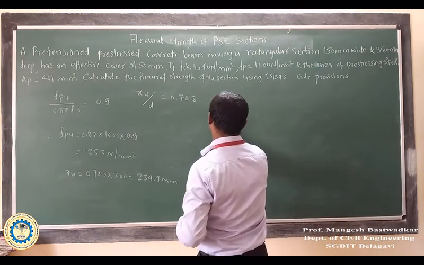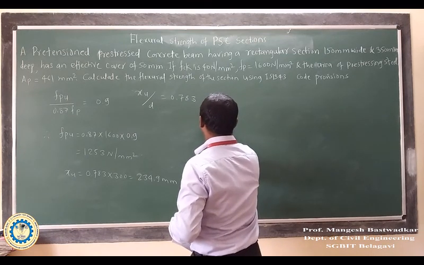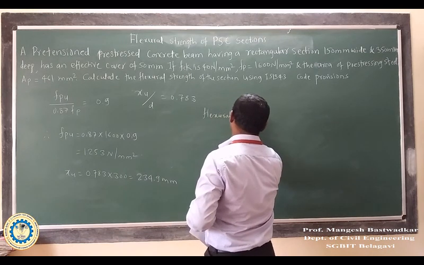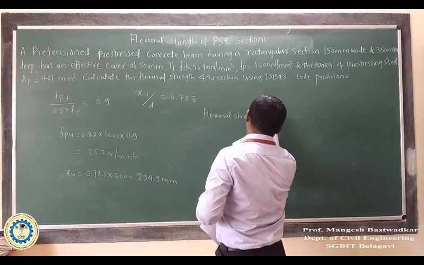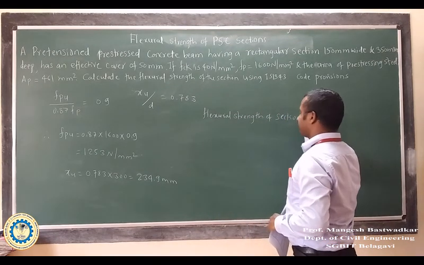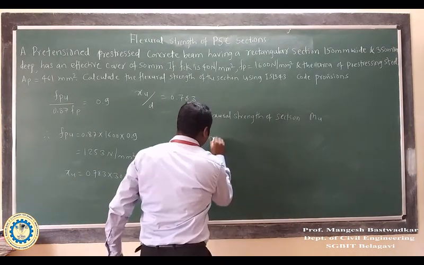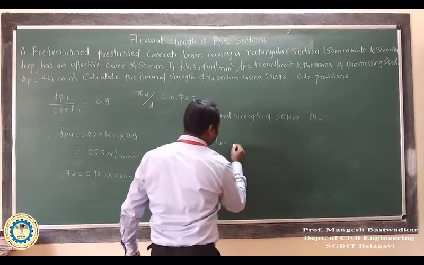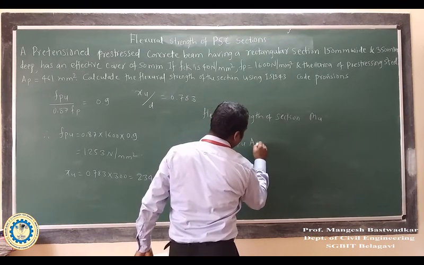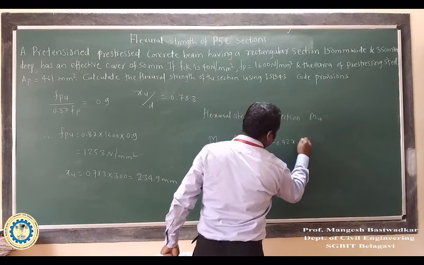So here we can write the ultimate moment capacity, or flexural strength, of the section. Flexural strength of section, Mu, is equal to FPU into AP into D minus 0.42 XU.